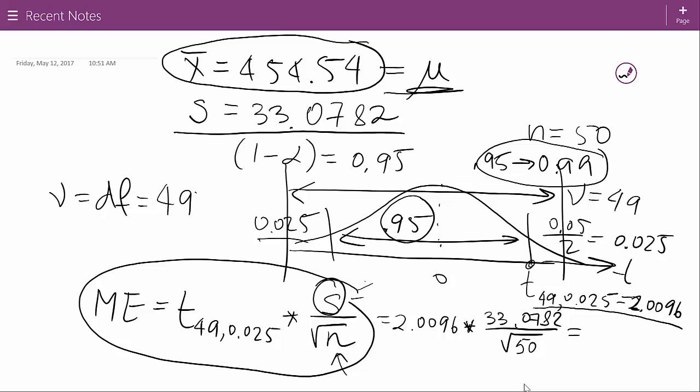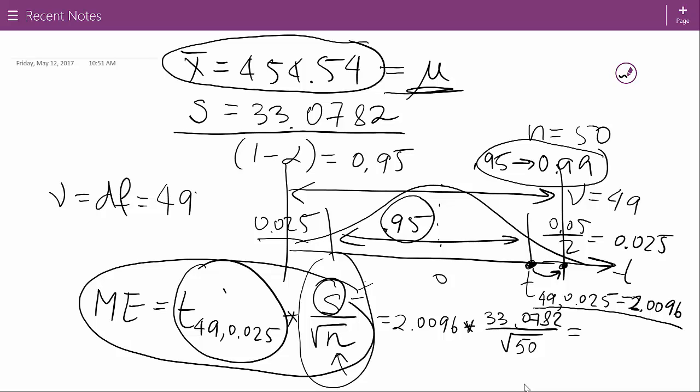So what happens with the value t? It goes from here to here, agree? So that means the number of standard deviations, essentially this value, my t value, increases. So I take the standard deviation, this part, multiplied by a larger number, and I get a higher margin of error.